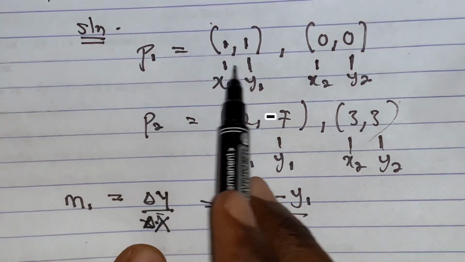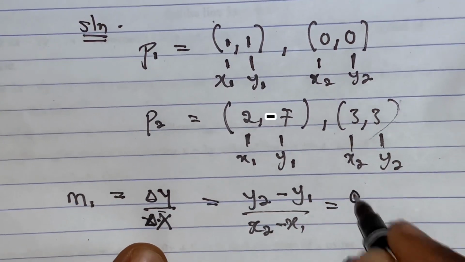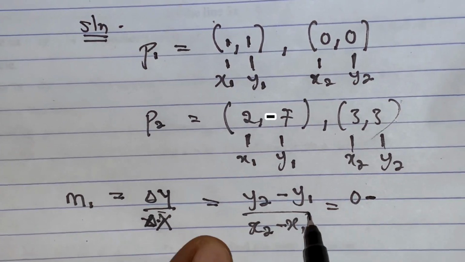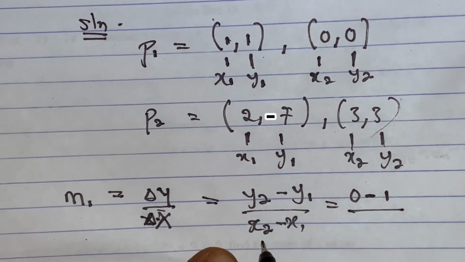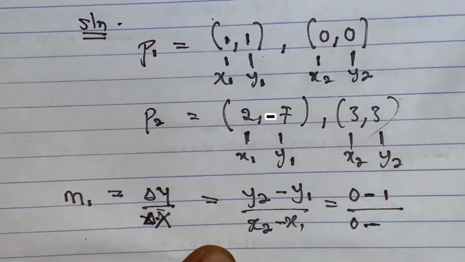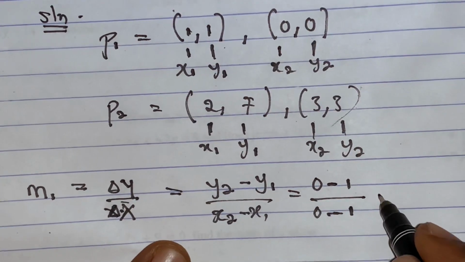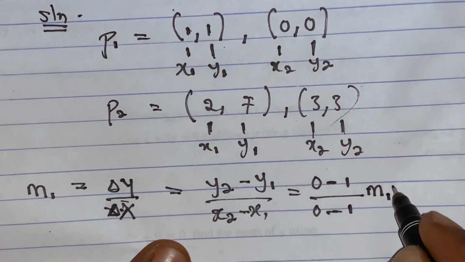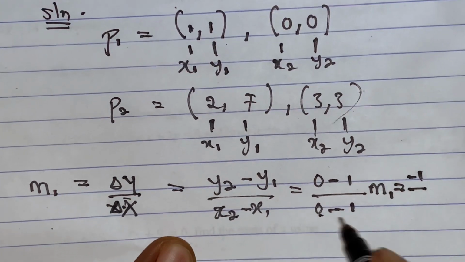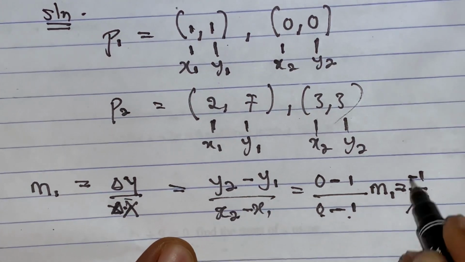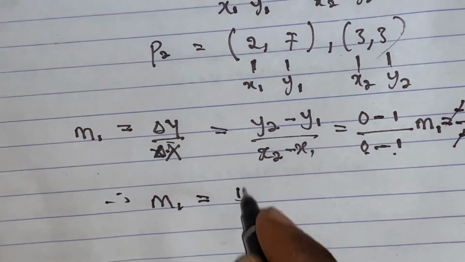From the first points, y2 is 0, so we substitute 0 minus y1, which is 1, divided by x2, which is 0, minus x1, which is 1. Therefore m1 equals 0 minus 1, which is minus 1, divided by 0 minus 1, that is minus 1. Minus cancels minus. Therefore, m1 equals 1.